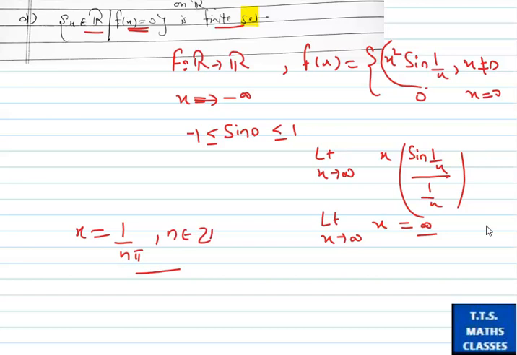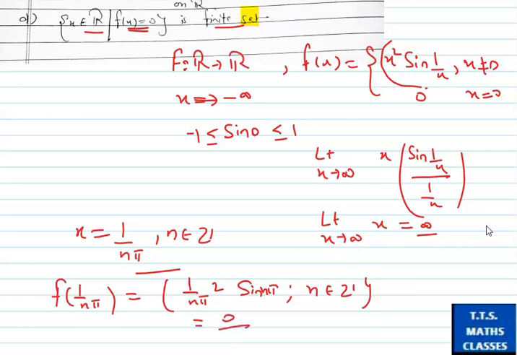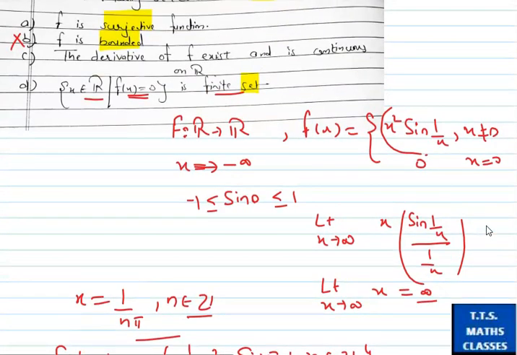If we put this value in f(x), then f(1/(nπ)) is equal to (1/(nπ))² sin(nπ), and we very well know sin π, sin 2π, and sin nπ, where n belongs to the integers, are 0. Because integers are infinite, this function is 0 for infinitely many values of x. So therefore option D is also wrong.